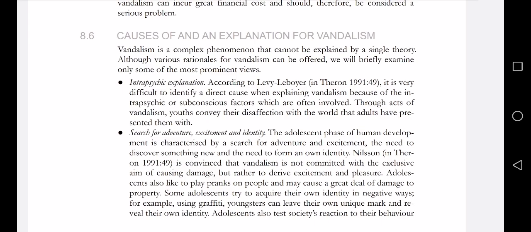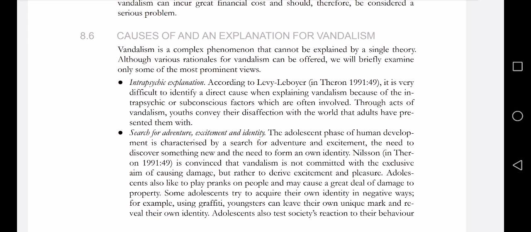Through acts of vandalism, youth convey their disaffection with the world that adults have presented them with, and search for adventure, excitement, and identity. The adolescent phase of human development is characterized by a surge of adventure and excitement, the need to discover something new, and the need to form an own identity.